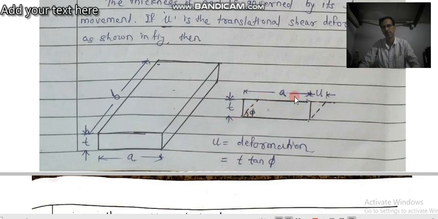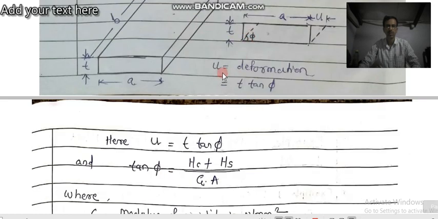If this bearing is deformed in this direction, the deformation is given by U, and it makes an angle φ with respect to horizontal. Here U is deformation, and it is given by U is equal to T tan φ. T is the thickness of the pad.